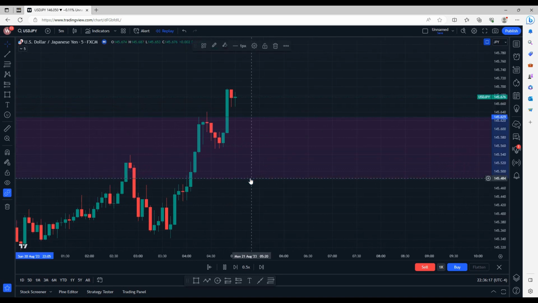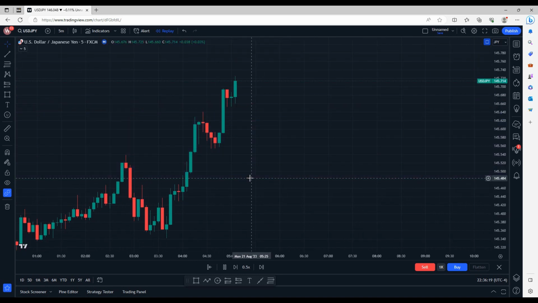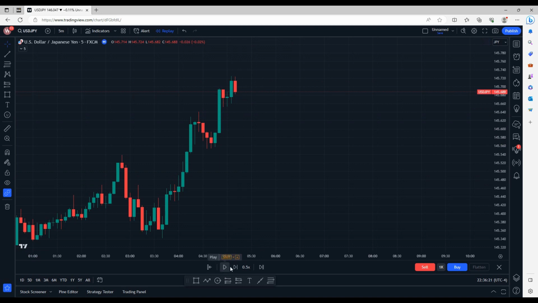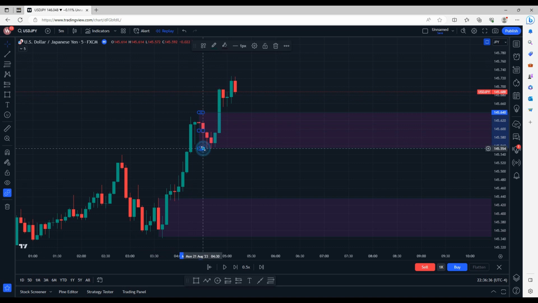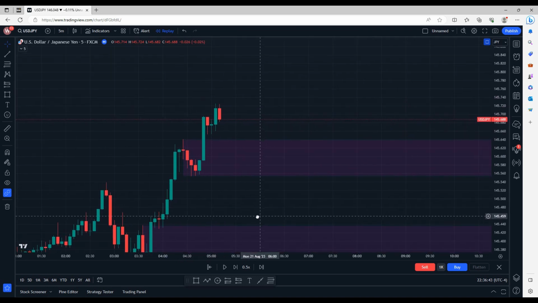If I was trading at this time, I would probably be looking for buys. We have a couple of zones here where we have demand. It kind of hit already and went up, but you also have another demand zone here. So we'll see if it'll go back to this zone and shoot back up.